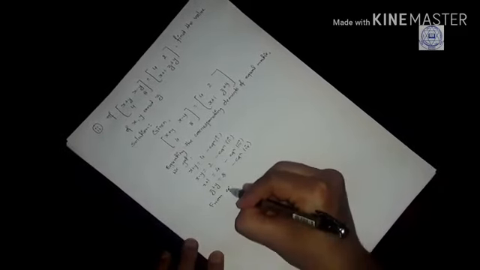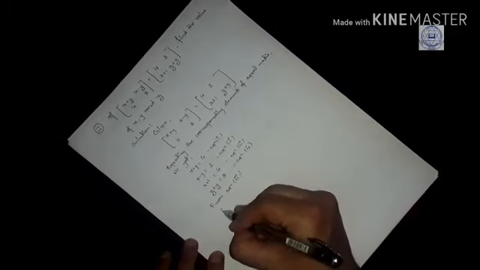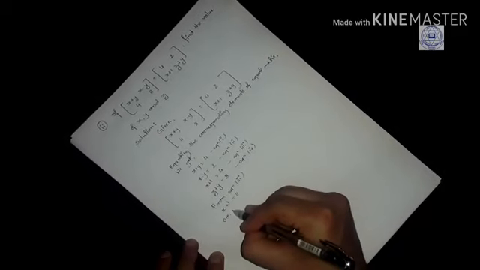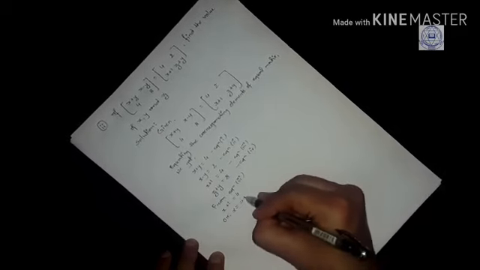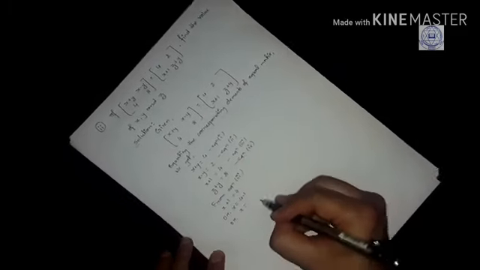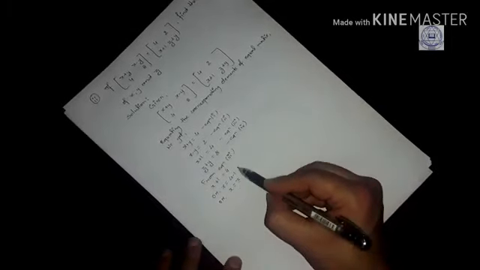From equation 3, x plus 1 is equals to 4, or x is equals to 4 minus 1, or x is equals to 3.